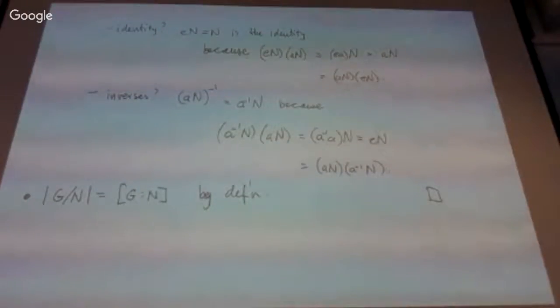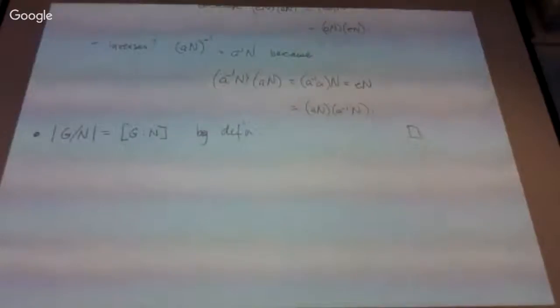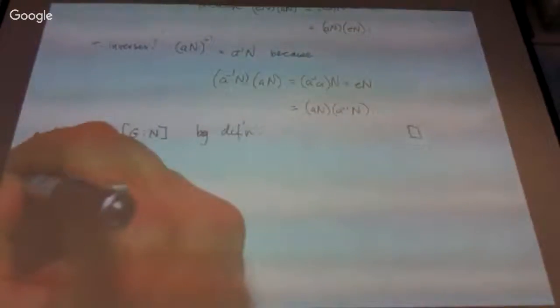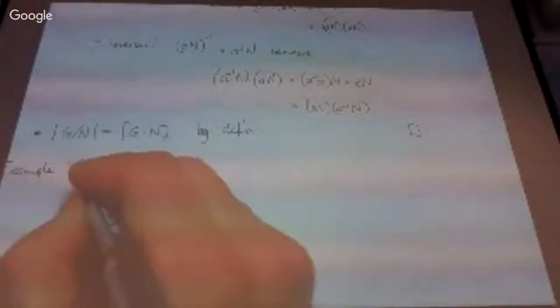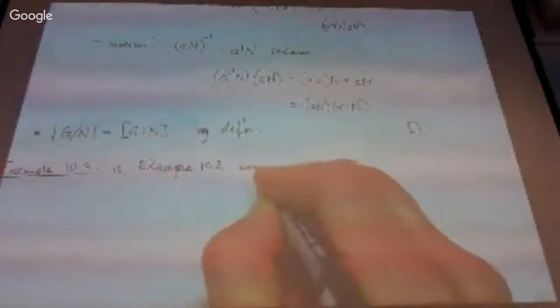Okay, let's do some examples, maybe it will become clearer. What's called example 10.5 in the book is example 10.2 continued.